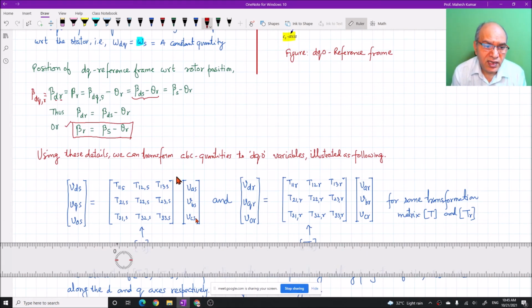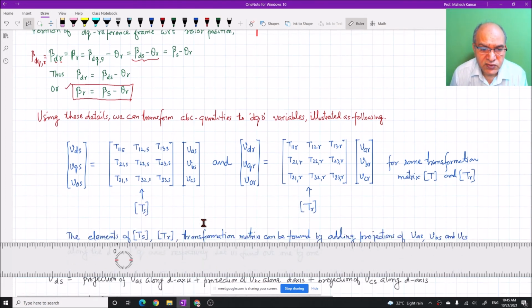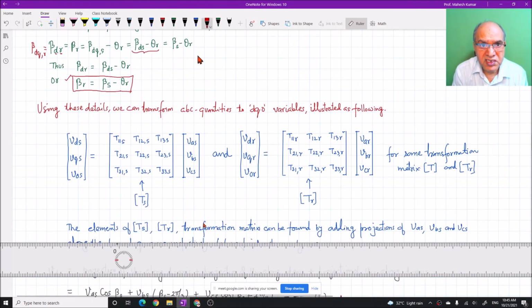So let us say that BD, BQ and B0 can be expressed through some transformation matrix T. You can call it TS because this transforms the stator quantities, and this side is BABC S. So ABC quantities are transformed to DQ0 through this transformation matrix.